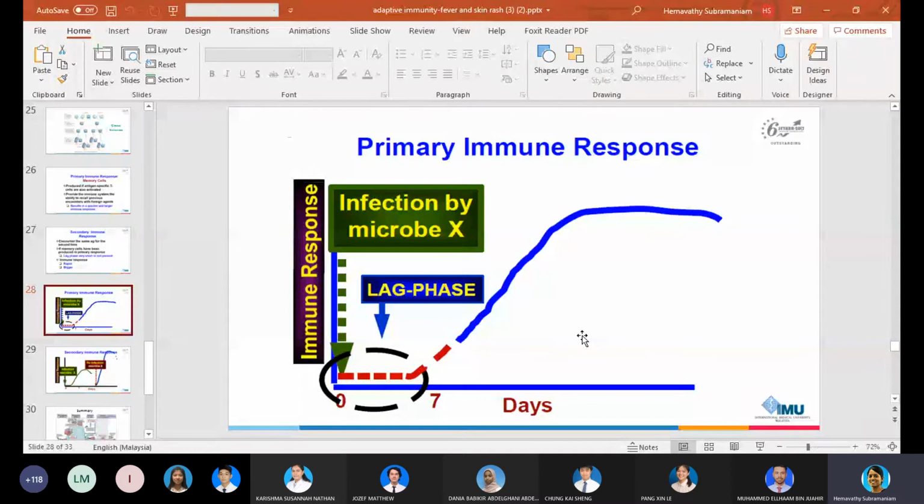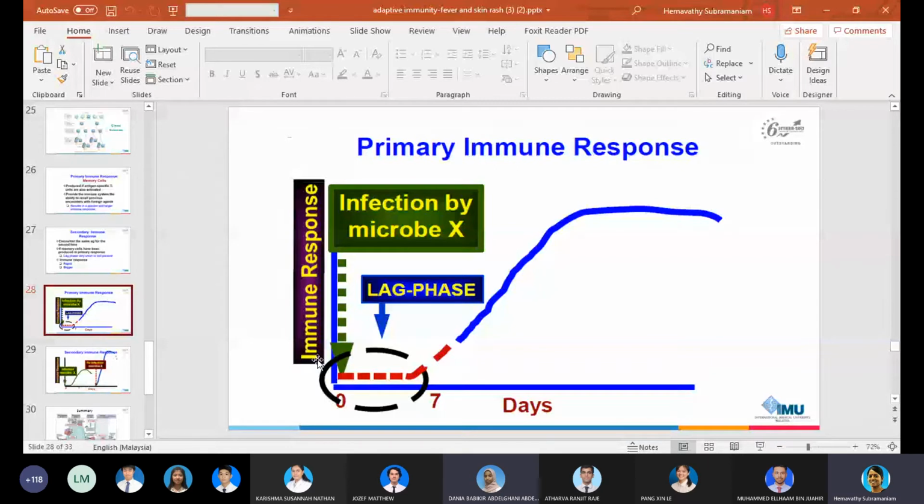So basically, is it showing the amount of time it takes for the immune response to develop? So basically, the elimination of the microbe. Okay, good. So what is it about the time period? Shorter, longer?